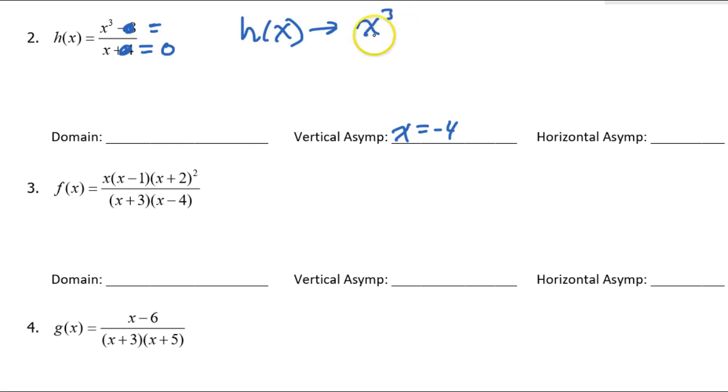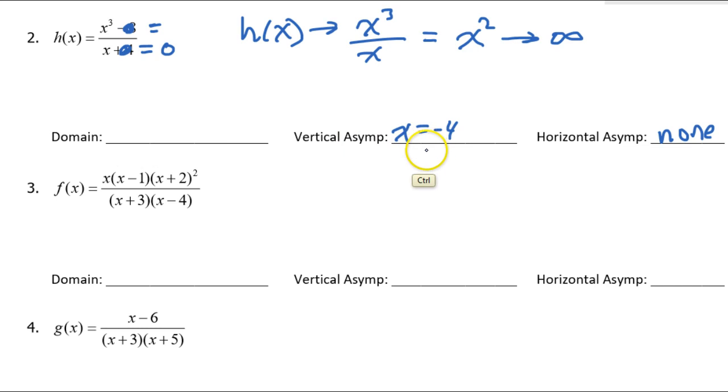So I will have x to the third power over x. But that simplifies down to x squared. Well, as x gets bigger and bigger, this expression will just simply approach infinity. So since that is not a constant, like 0 or 2, that means there are no horizontal asymptotes.